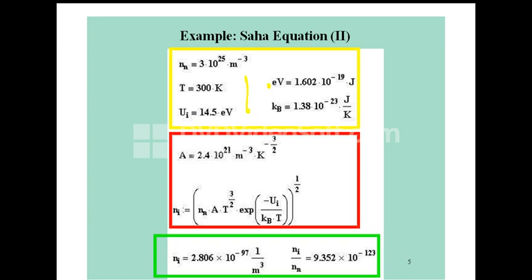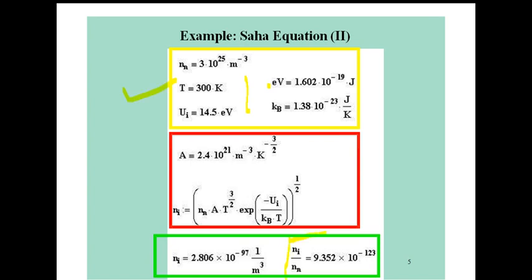If you put all these things in the expression for Ni and Nn, and then the temperature, it becomes this relation, and finally if you put in all the values I talked about earlier, the final equation becomes this.